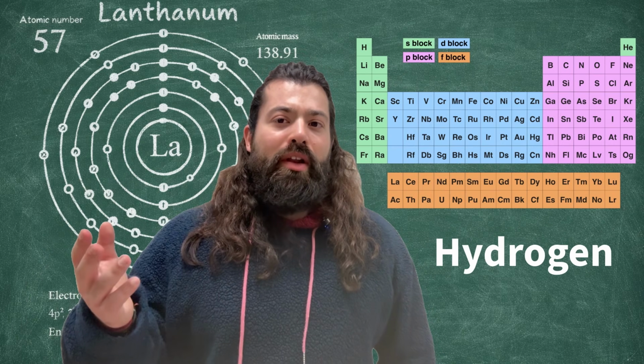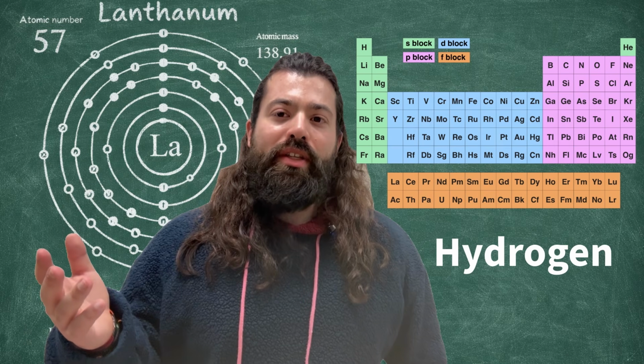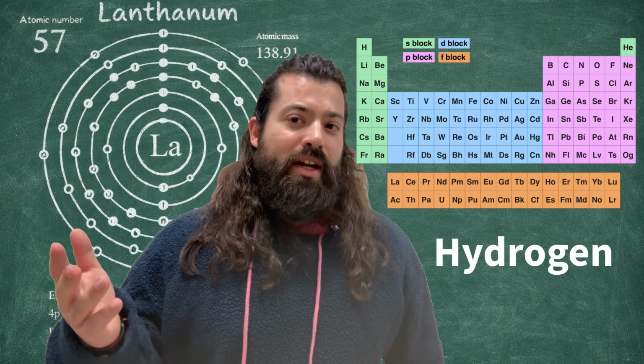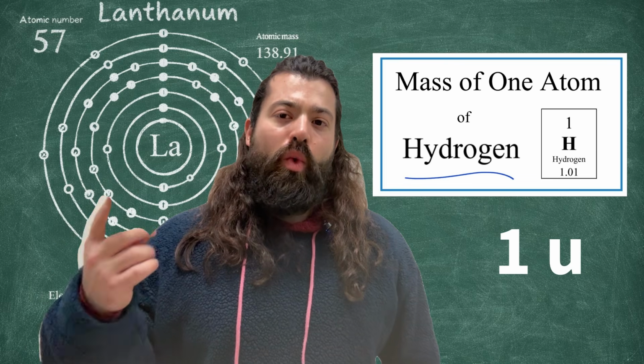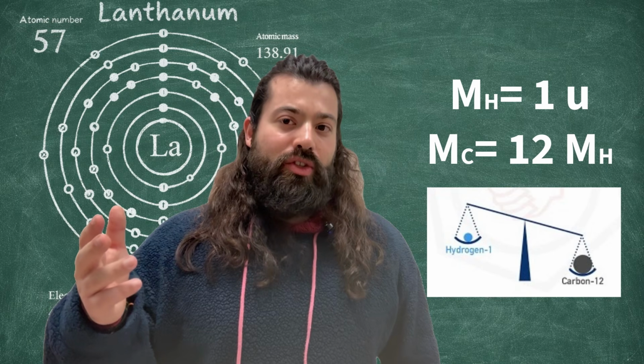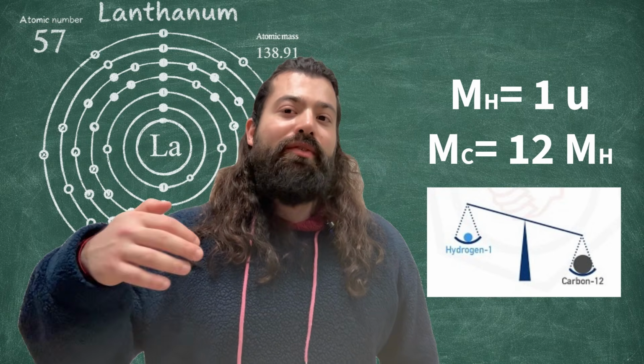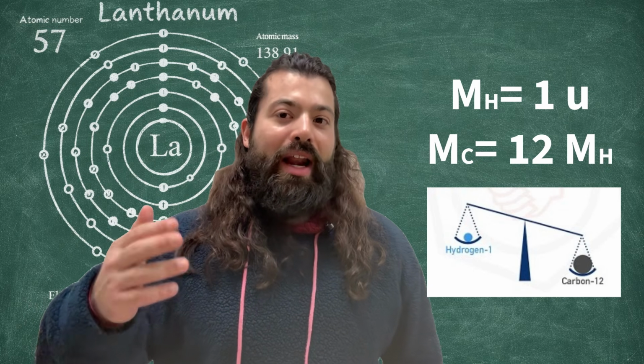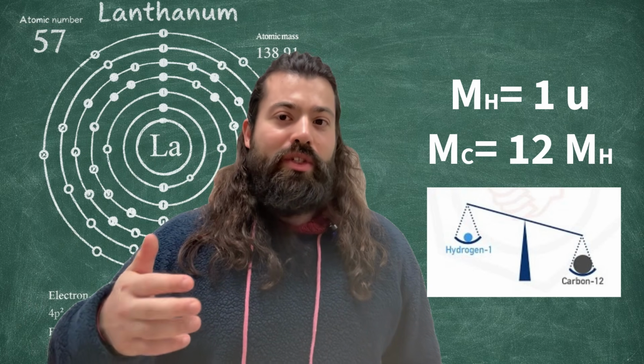For example, the lightest element in the periodic table is hydrogen, and its mass is equal to 1 U, which means that the carbon 12 isotope is 12 times heavier than the lightest element of the periodic table, which is hydrogen.